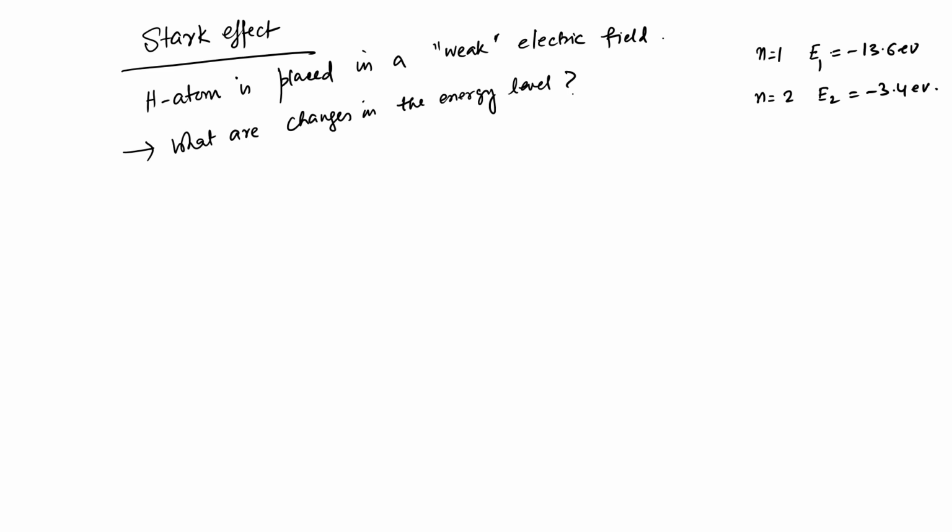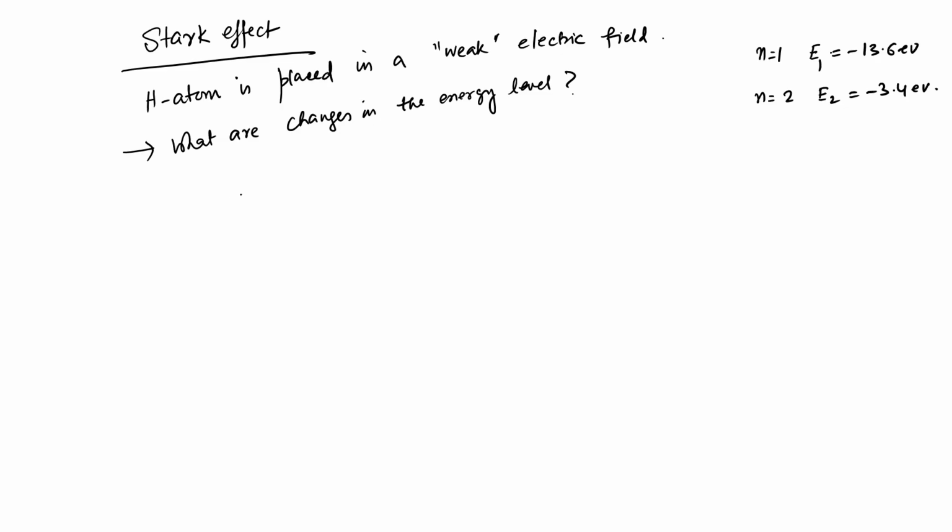How these different energy levels respond to the perturbation due to the weak electric field being applied is the question. What degree of freedom couples with the electric field? That is the main question.